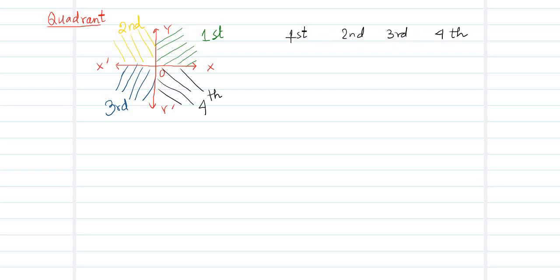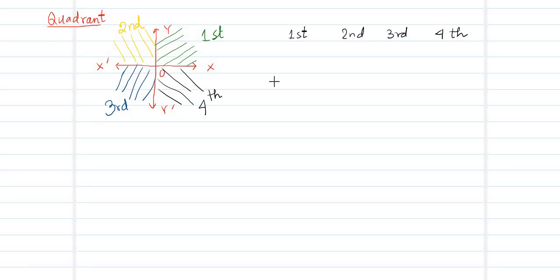Recall that a complete angle is equal to 360 degree, a complete revolution. If we divide it into four equal parts, then the measure of each angle becomes 90 degree.